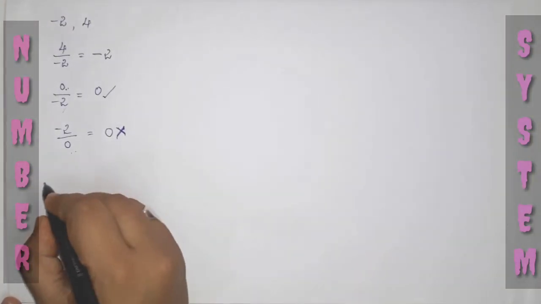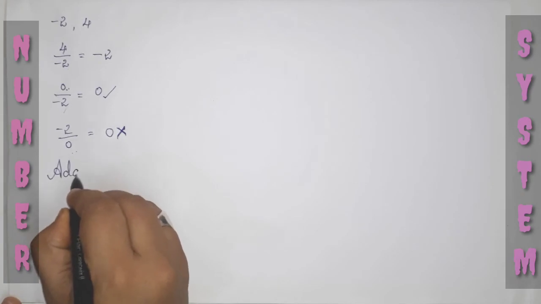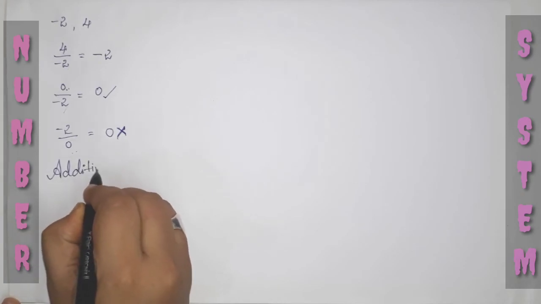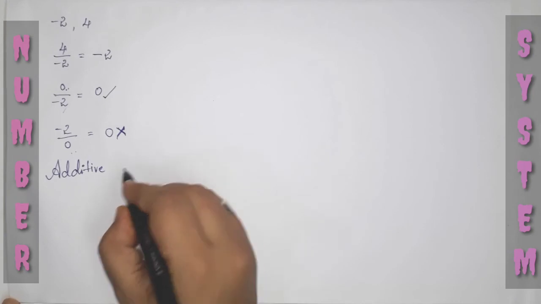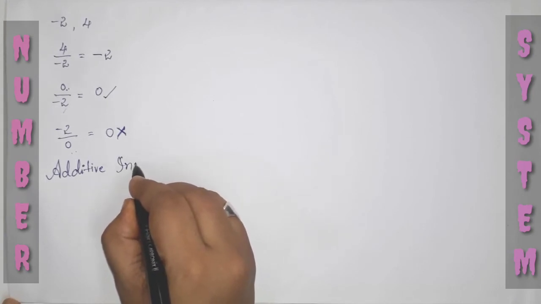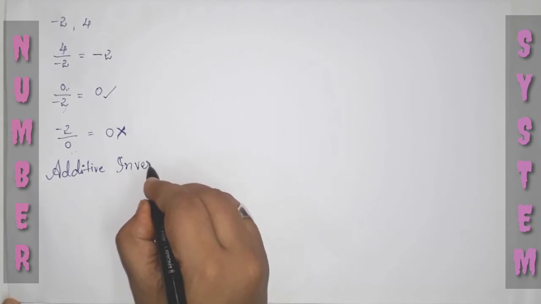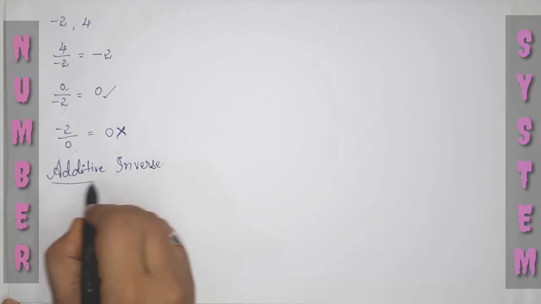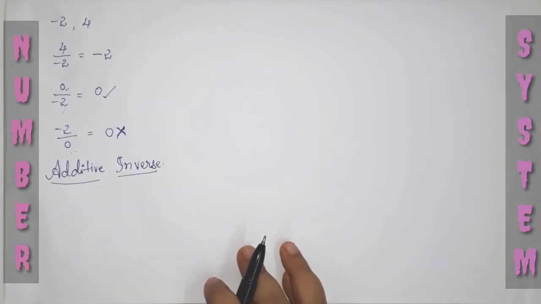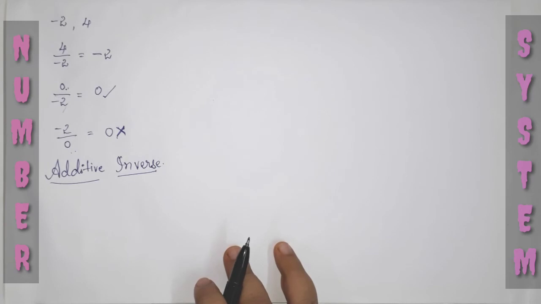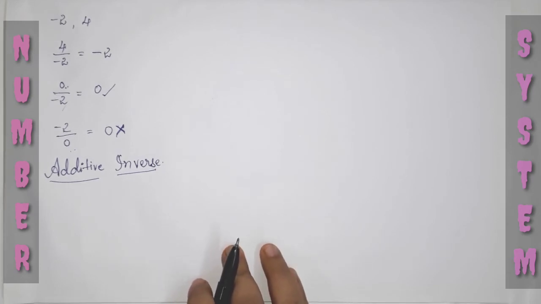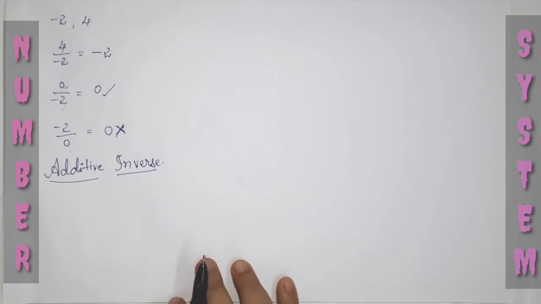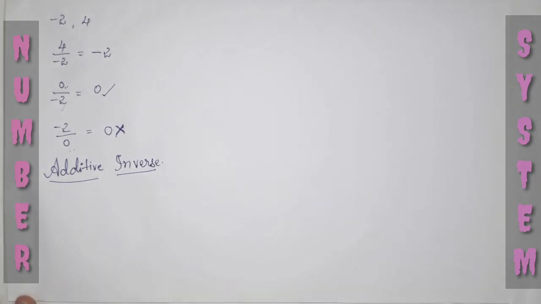Okay? In this you have additive inverse. In the whole number set, what did I explain? Additive identity. In this I have additive inverse. Inverse is nothing but opposite. Additive inverse means whatever you are adding, you have to get the opposite one, so that the value becomes 0.